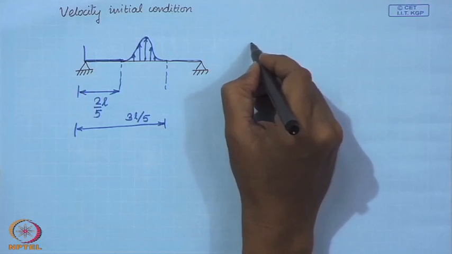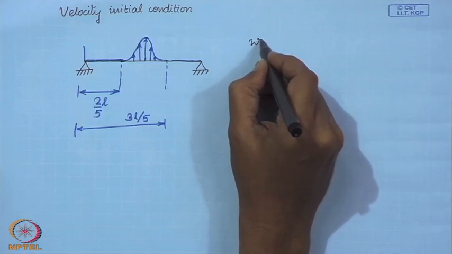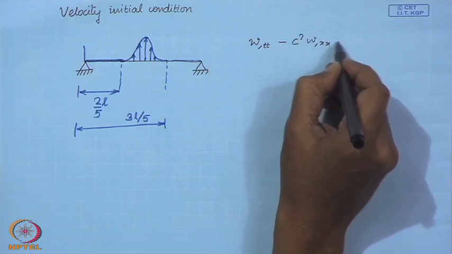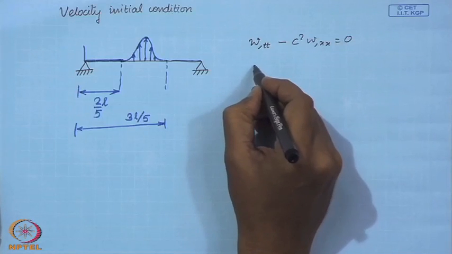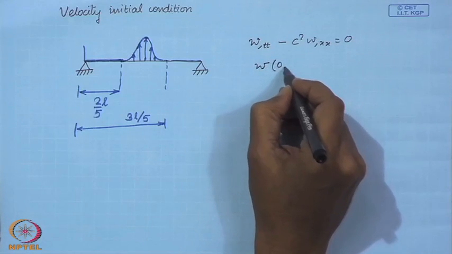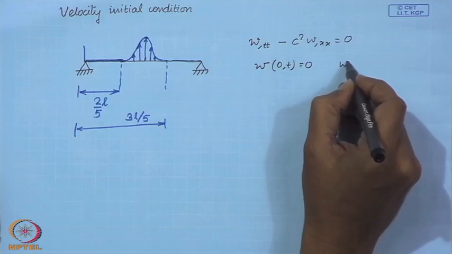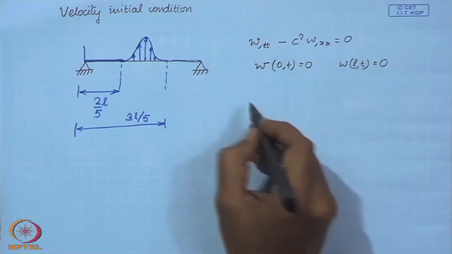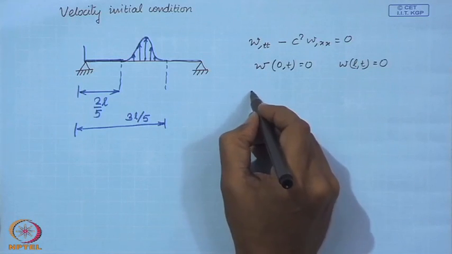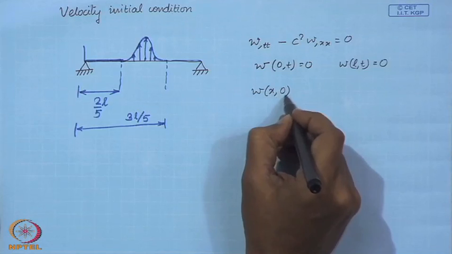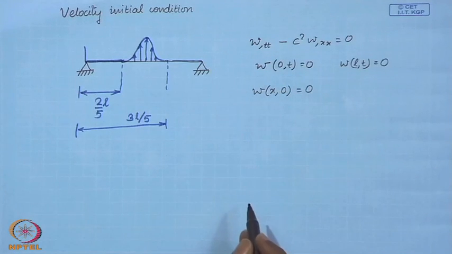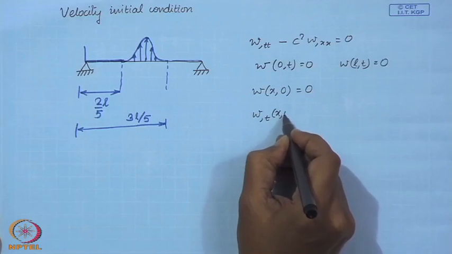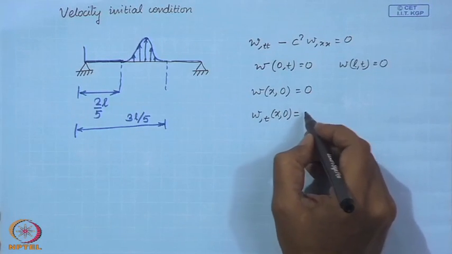So, let me mathematically formulate the problem. The initial displacement of the string is 0, while the velocity is given by this.